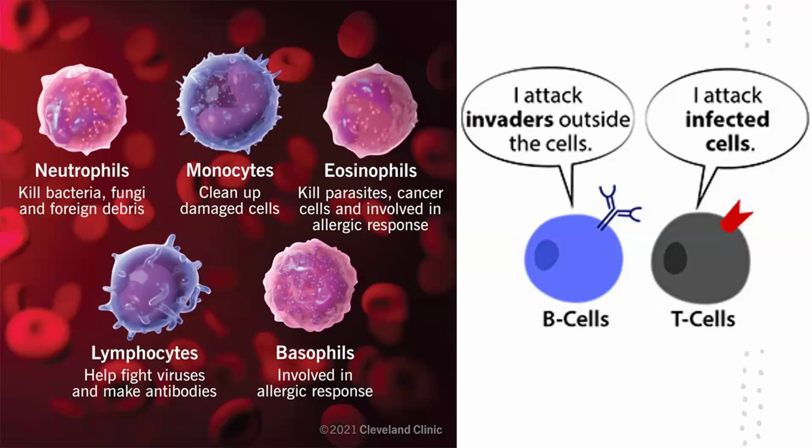Lymphocytes are part of our adaptive immune system. Each microbe has certain pieces that identify it as, let's say, an E. coli or a flu virus or a fungal infection.